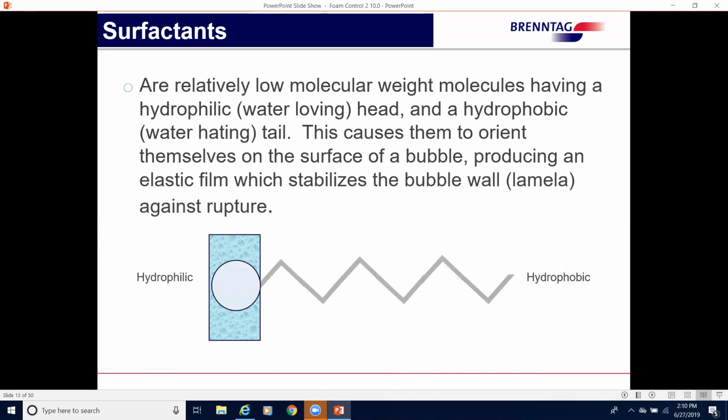That produces an elastic film which helps form the bubble wall, referred to as a lamella. And that lamella helps prevent the bubble from rupturing. Below is a small illustration of a surfactant showing the hydrophilic side, which is the water-loving side, and the hydrophobic side, which is the water-hating side.